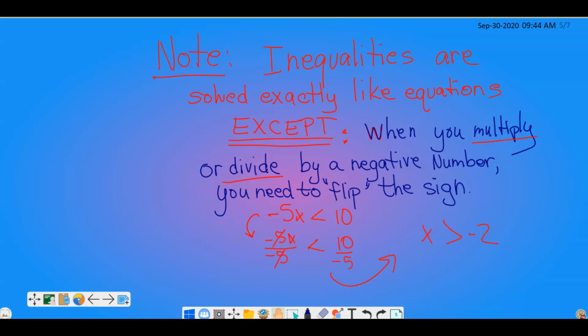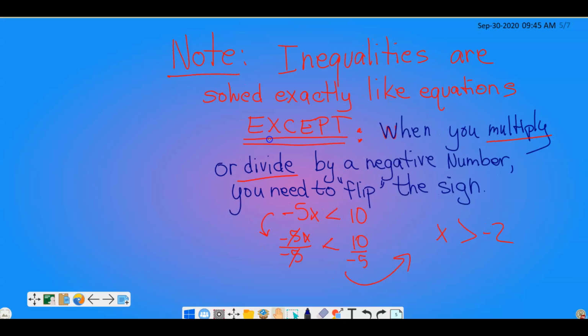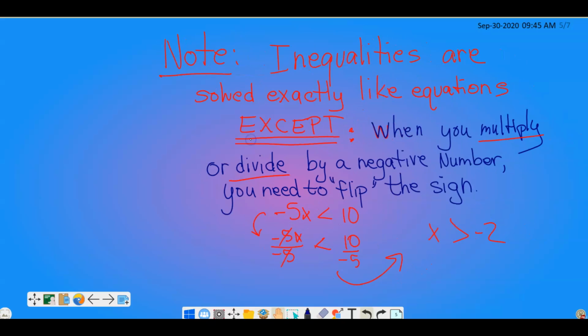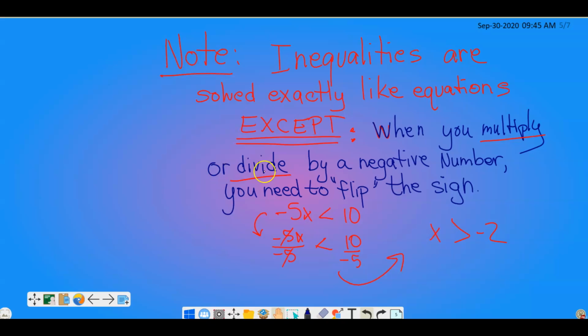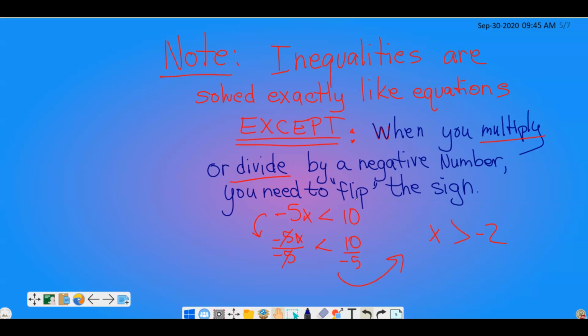You're just applying the same properties of real numbers to solve inequalities exactly like you did equations, except for one thing, okay? Except when you multiply or divide by a negative number, you need to flip the sign.